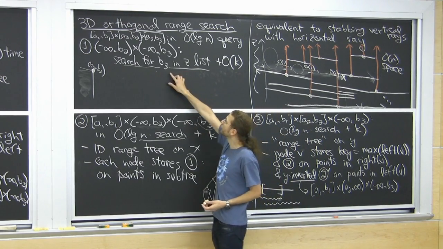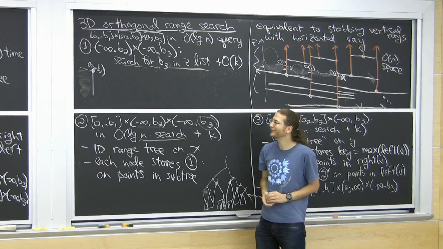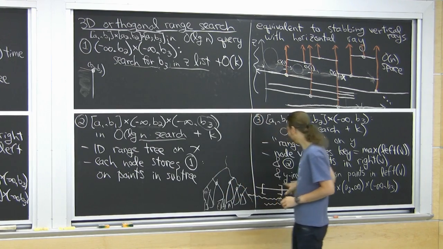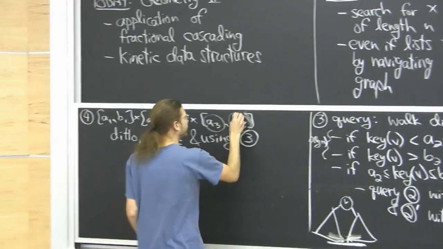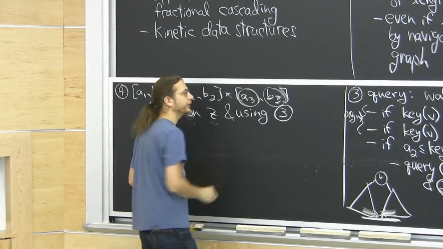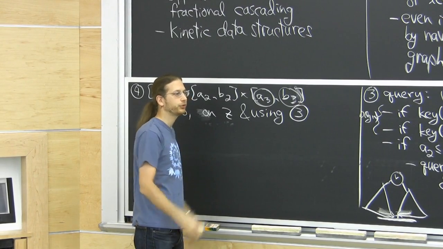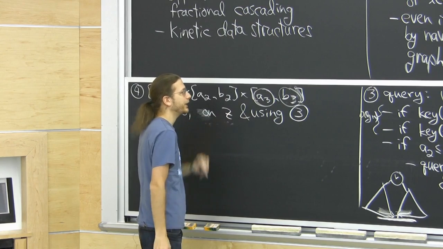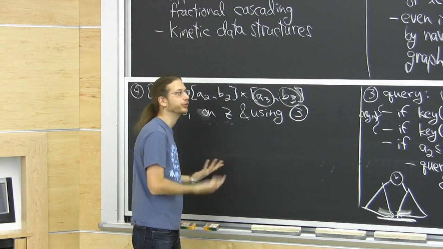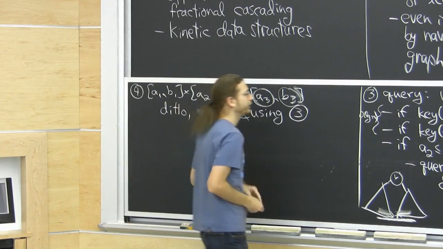We're always searching for the same thing. Not quite, actually. A little bit of a cheat. Because of this inversion thing, we'll sometimes be searching for B3 in the Z list, but we'll also sometimes be searching for A3 in the Z list. But hey, just a factor of 2. So we have 2 fractional cascading data structures, one for searching for B3, one for searching for A3. It's the inverted versions of 1 and the uninverted versions of 1, Z inverted.